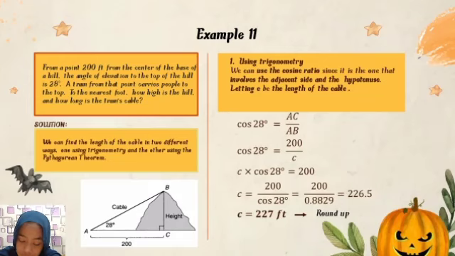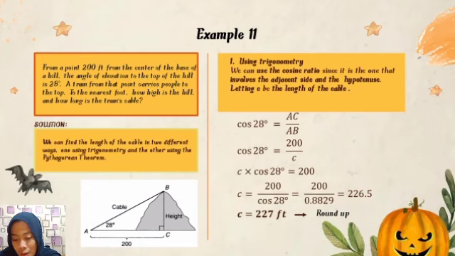Solution: we can find the length of the cable in two different ways. One uses trigonometry and the other uses the Pythagorean theorem. First, using trigonometry, we can use the cosine ratio since it is the one that involves the adjacent side and the hypotenuse.